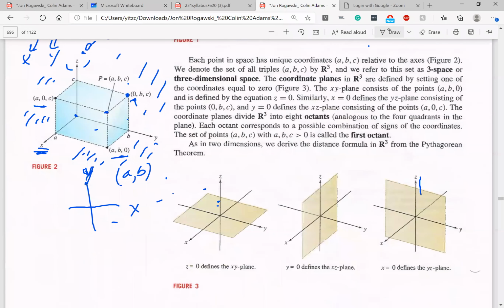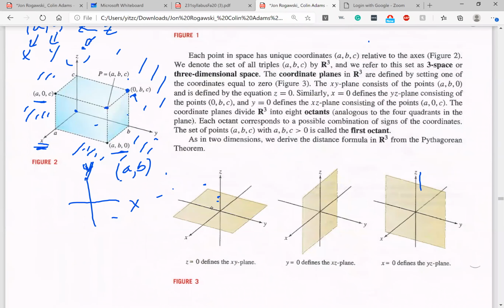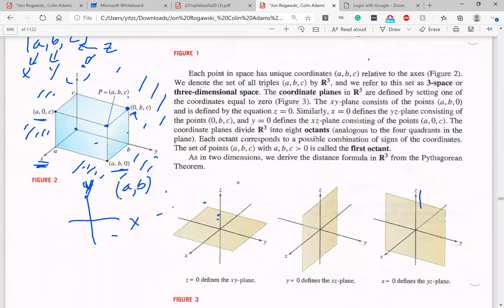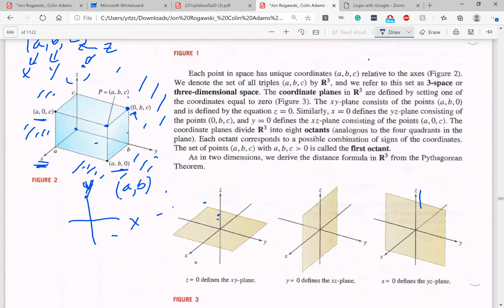And in general, this plane over here is the XY plane. And you define it when Z is equal to 0. So you just set your Z to 0. You make sure that in the Z dimension, you're 0, and then you get stuck on this plane over here, which is the XY plane.